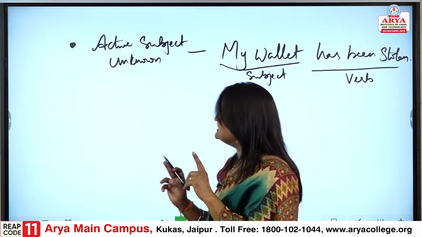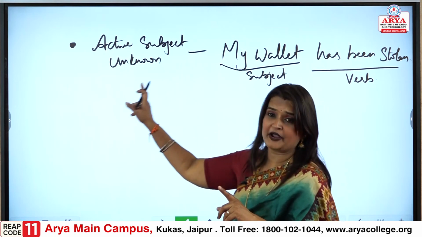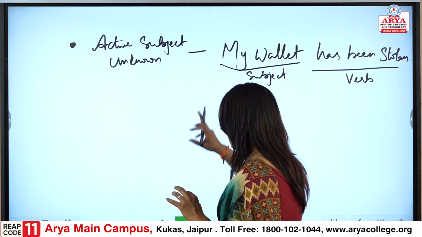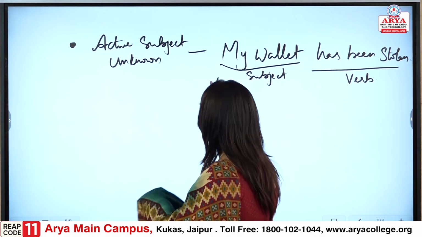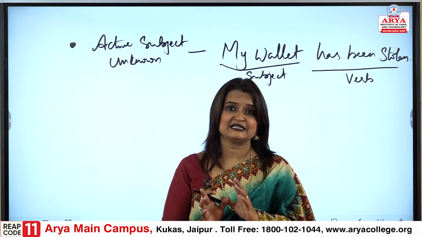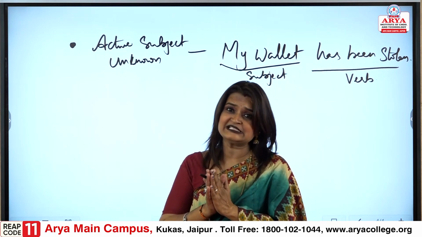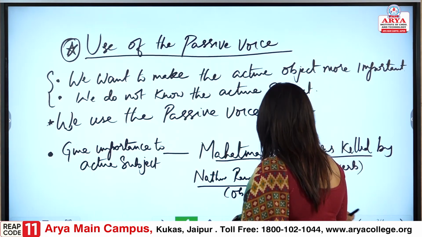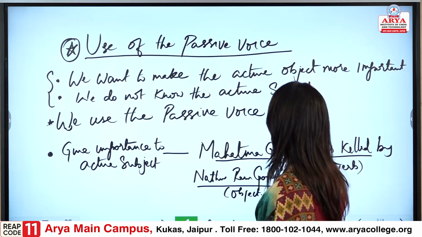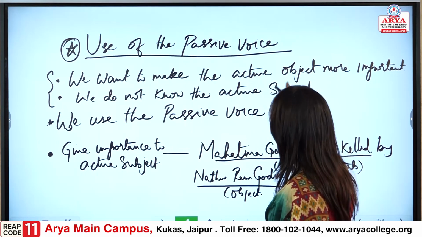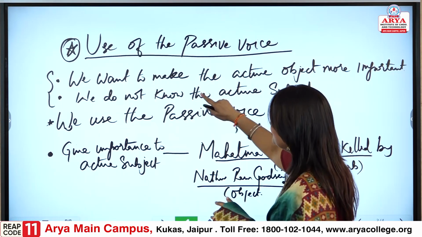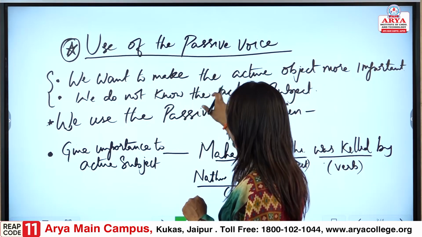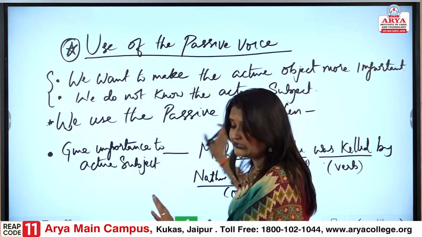So, please give importance that these 2 points have to be taken care of. When we use passive voice, please take care of these 2 points: we use the passive voice to make the active object more important.